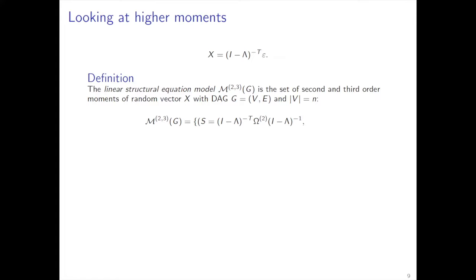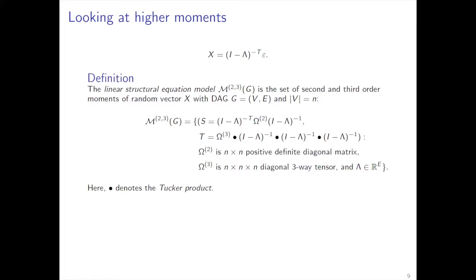And if you're only looking at Gaussian models, which has been studied a lot, you just have this covariance matrix S. You don't have any higher moments because they don't tell you anything. And so you can learn the Markov equivalence class from this matrix S. Now with the non-Gaussian case, you actually have the third moment, T, which is meaningful.